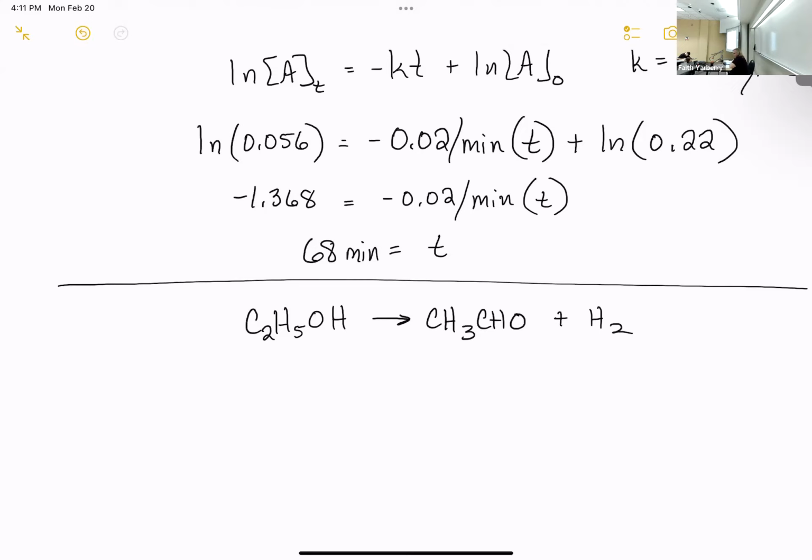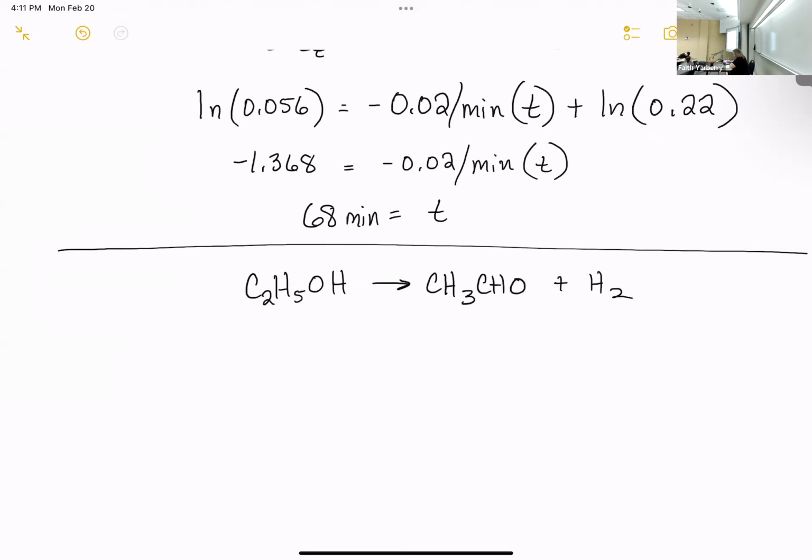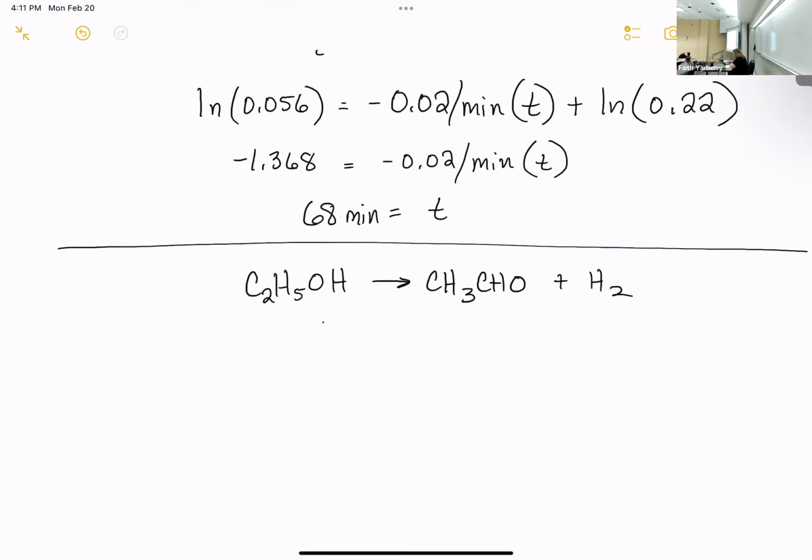And I have a set of data here where the time is in seconds. And they're using pressure to determine the concentration because this is all about some gases. So the pressure is going to be directly related to concentration because the greater the concentration, the greater the pressure.